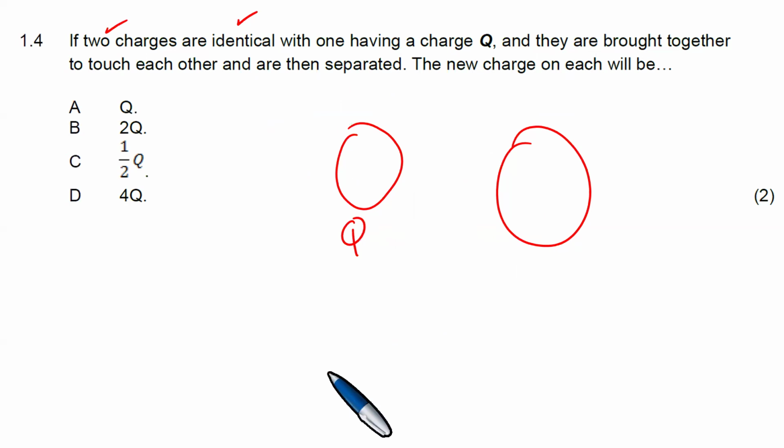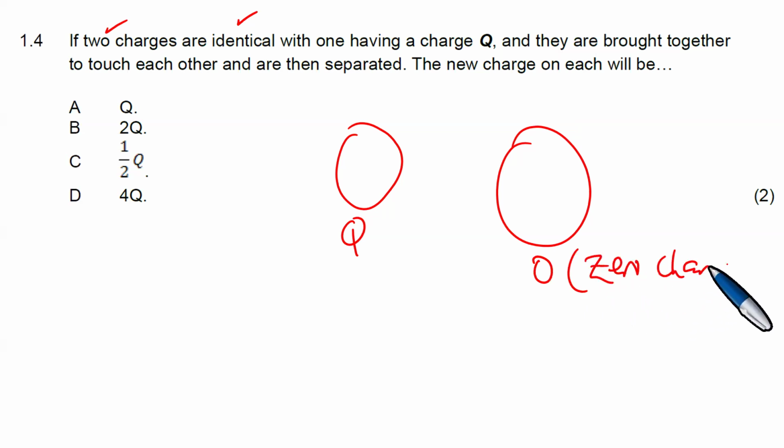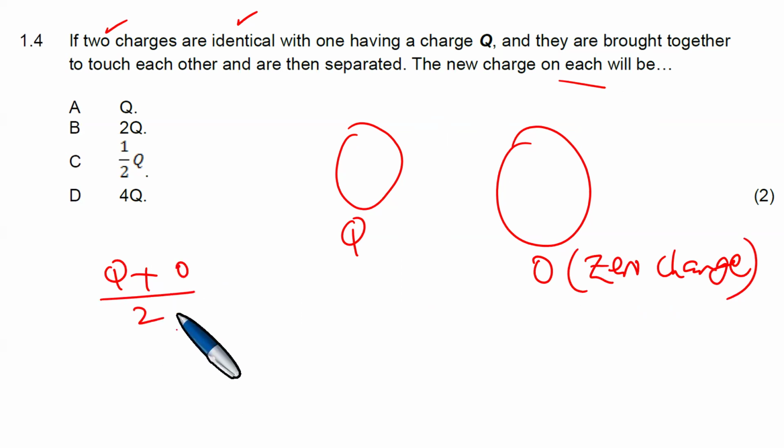So you take this one with charge Q, this one has zero charge. So the new charge on each will be, okay, that's fine if you're thinking so. Let's think about this one. If you bring them together, you'll have charge Q, and then you take the charge here, which is 0, and you divide by 2, because you must add these two charges.